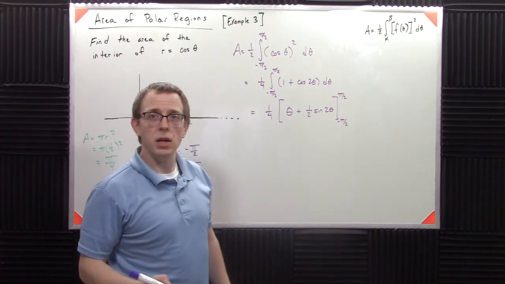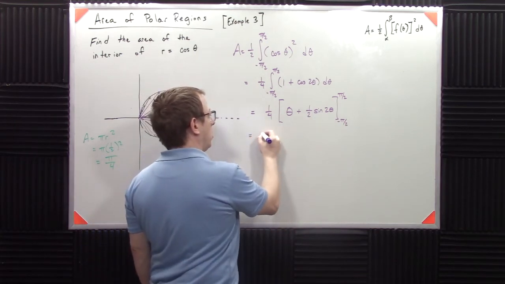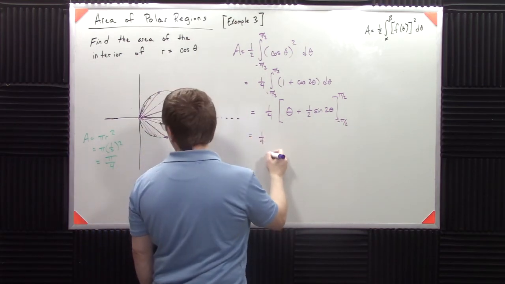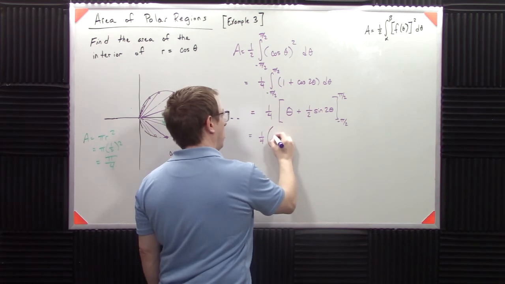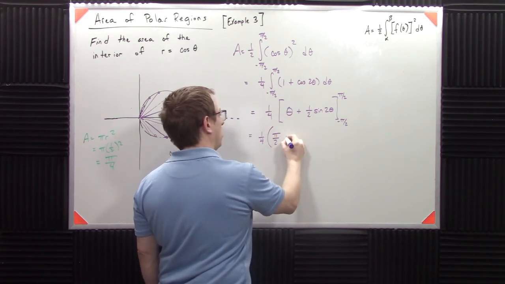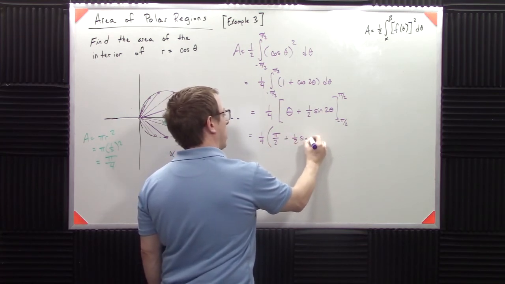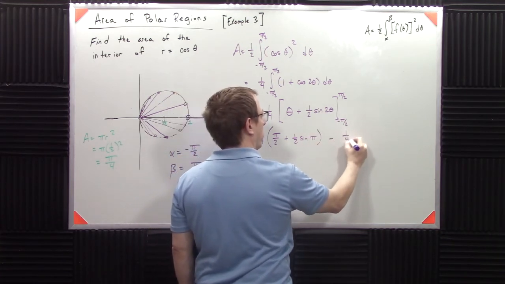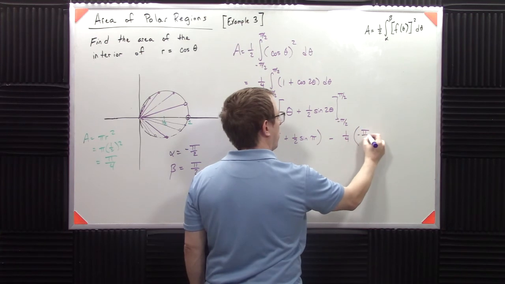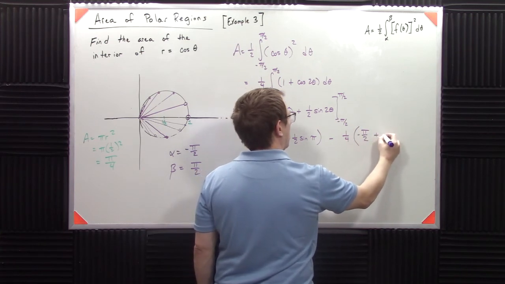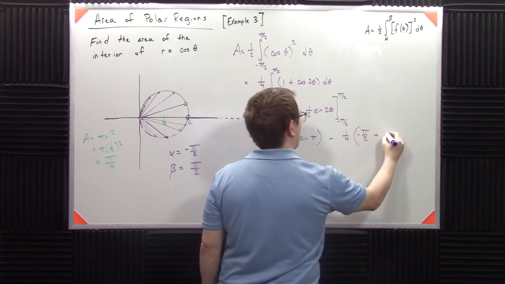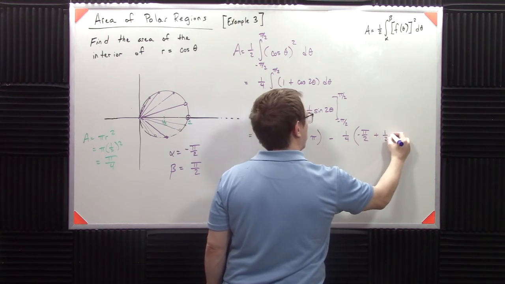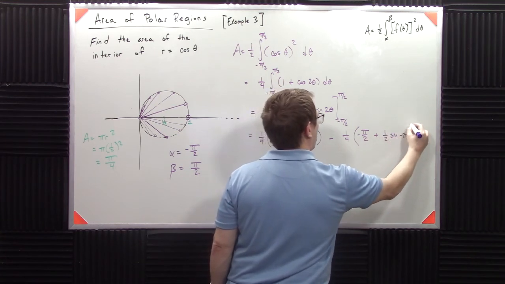Now you get lucky here because you're going to get 1/4 times pi over 2 plus 1/2 sine of pi, minus 1/4 times negative pi over 2 plus 1/2 sine negative pi.